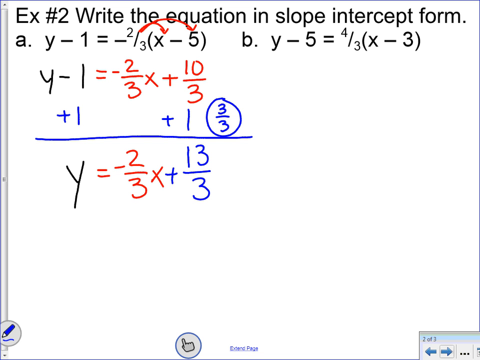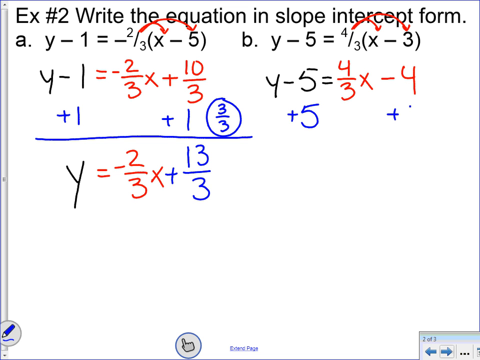So what I did was I used distributive property and then added or subtracted the number after the y. So let's look at the second one. Distribute the 4 over 3. So I'll get 4 over 3x. This time when I distribute 4 over 3 times 3, I'll end up with a whole number. So I have 4. Bring down your y minus 5. And remember, to get rid of the number after the y, you'll end up with your y-intercept.